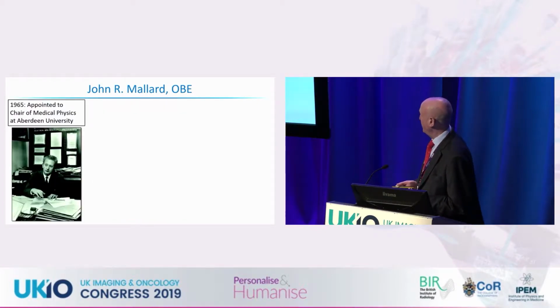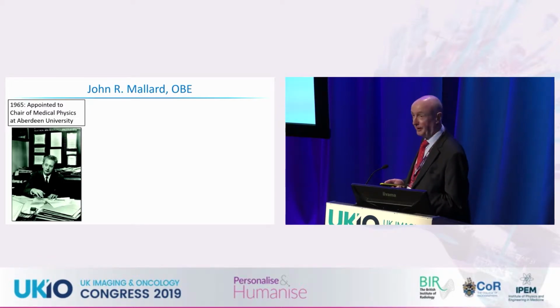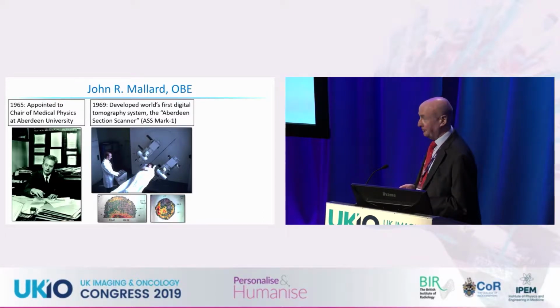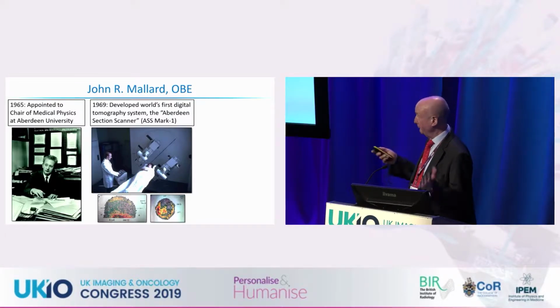So just a few words about John, actually. John was appointed to the chair of medical physics at Aberdeen University in 1965. He was the first holder of that chair. His desk always looked like that, by the way, with piles of papers. He really was a pioneer in our field, in many areas of our field, particularly imaging.